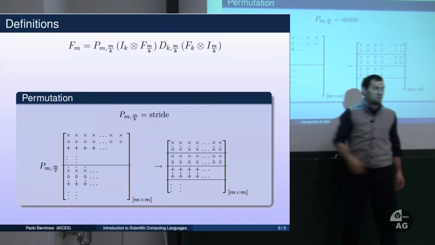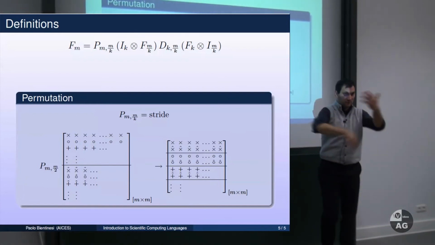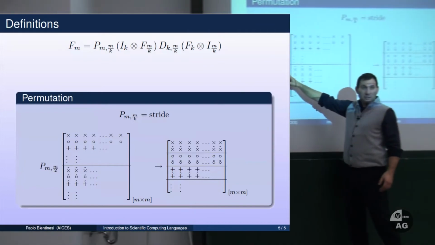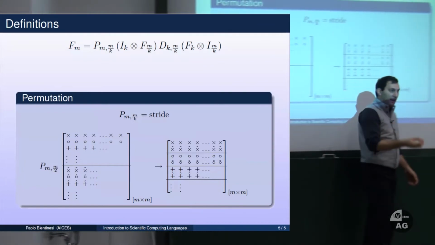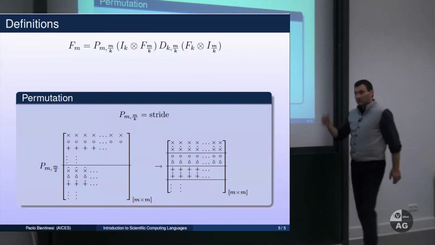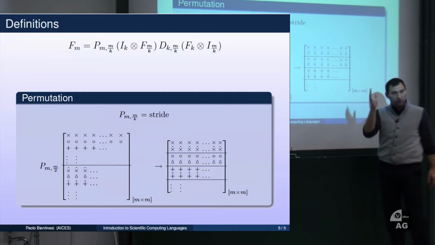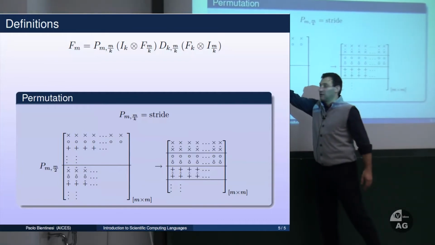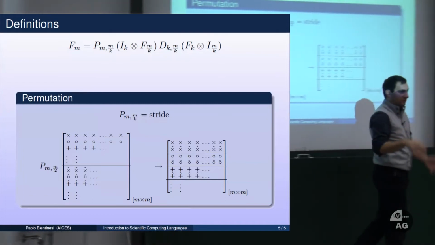Permutation matrix is just the identity shuffled around. It means that this matrix here will have exactly n ones. All the rest of the matrix is zeros. There is only one 1 per column and only one 1 per row. So this is the identity matrix just shuffled around.